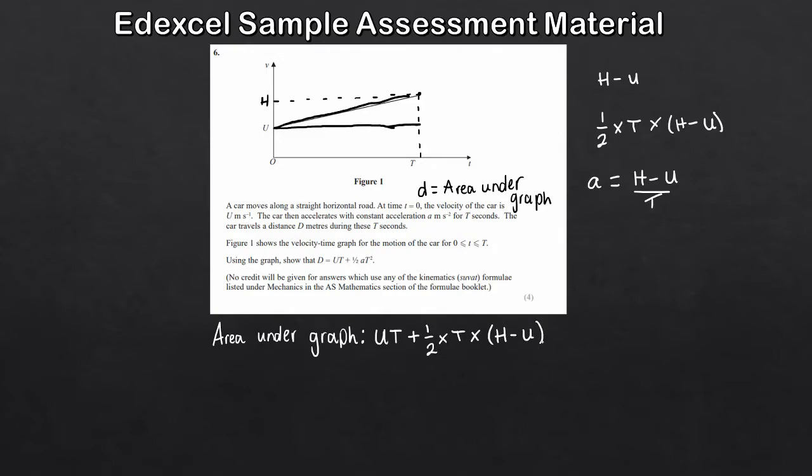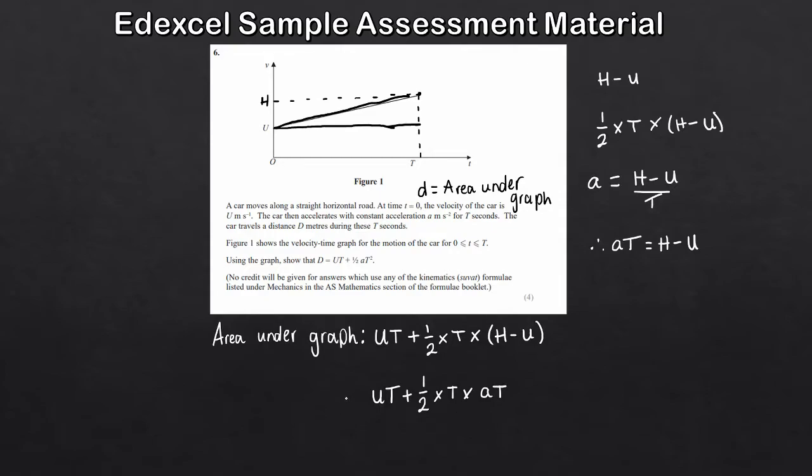But like we just said, this h minus u is an issue. However, if you notice, where a equals h minus u divided by t, if we rearrange this to h minus u equals, then we get at is equal to h minus u. If we substitute that in, what we get is ut plus a half times t times at.